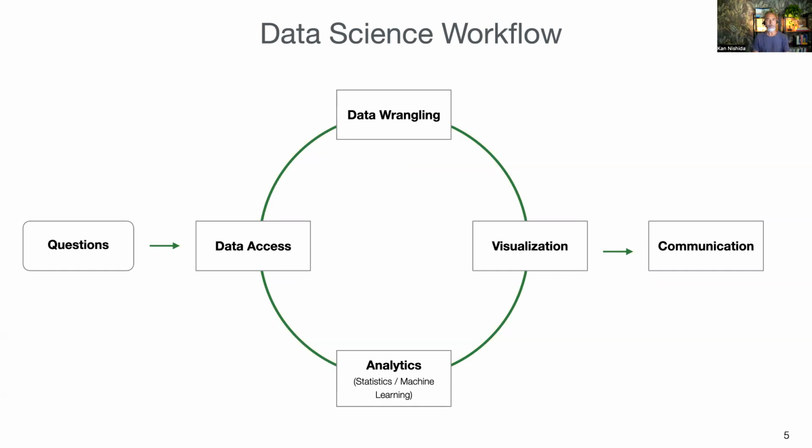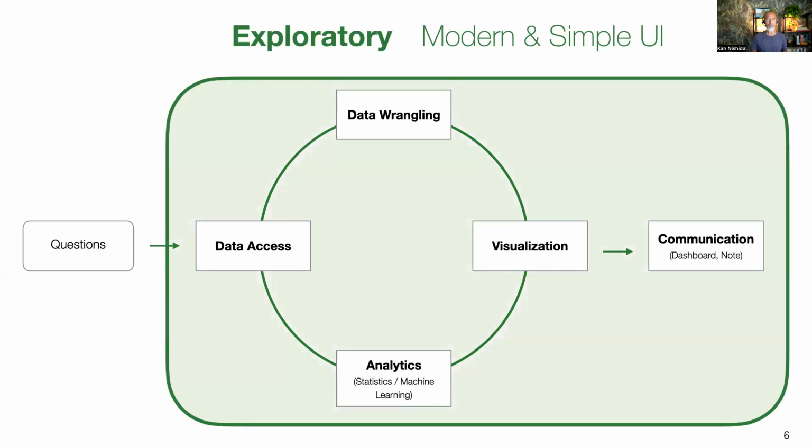Exploratory provides more than a simple UI to do these 5 things: data access, data wrangling, visualization, analytics, and communication. Communication means you can create a report or a dashboard and monitor how your business is doing in an automatic or interactive way.